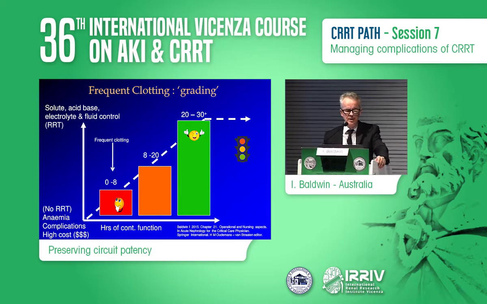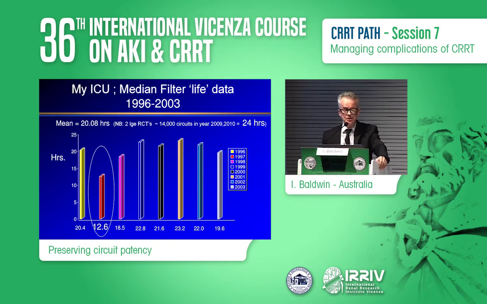But when you have between 0 and 8 hours and frequent episodes of clotting, and sometimes despite everything you do, including the use of citrate, I've seen, you do have problems, not only with lack of treatment and dose, it's expensive, it's time, and the patient is exposed to a lot of circuit changes.